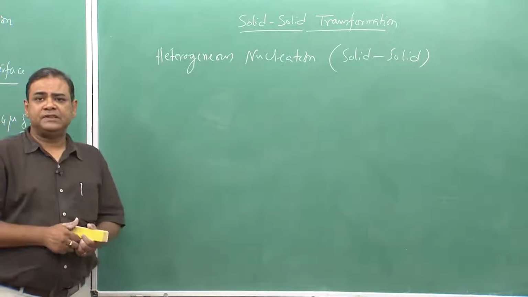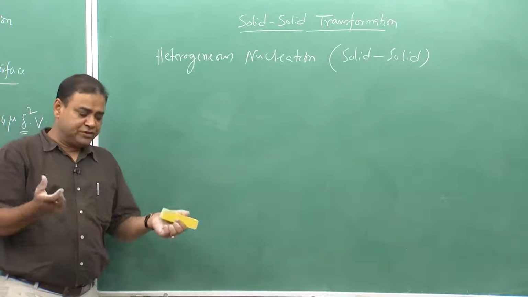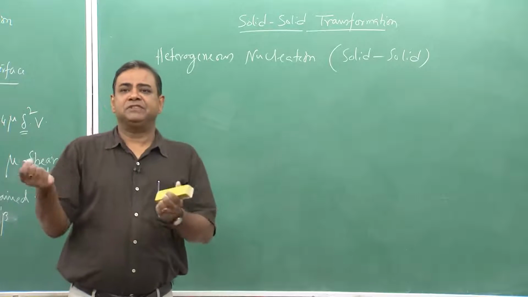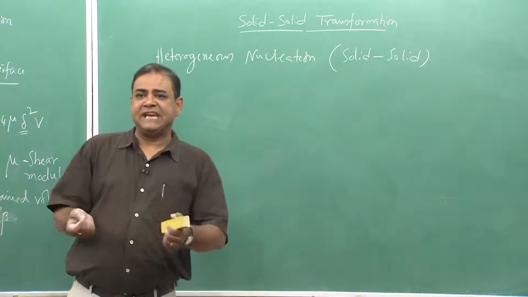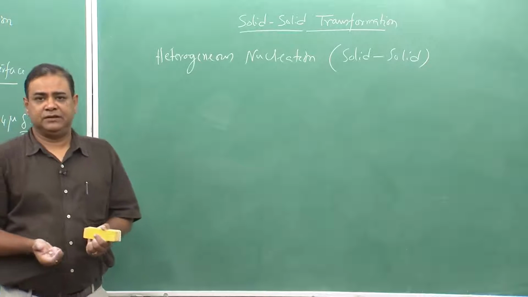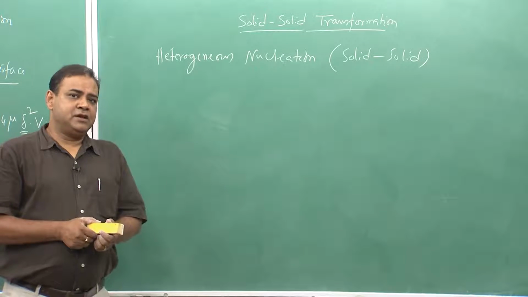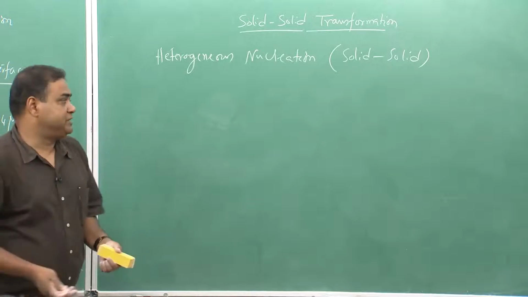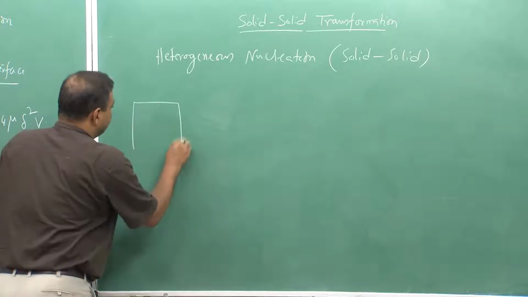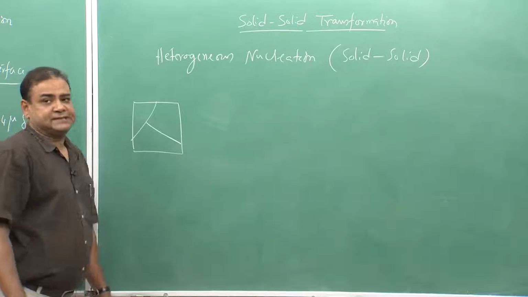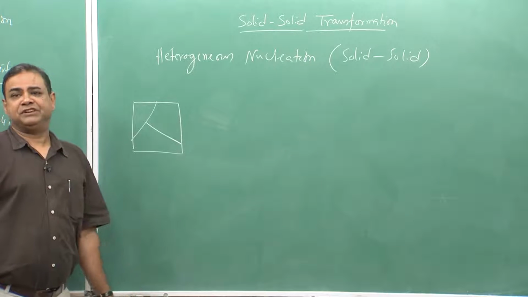For example, there could be oxide particles. During solidification, it can entrap inclusions in the form of oxides, which can stay inside the solid. That can act as a heterogeneous nucleating site. For example, there could be grain boundaries. In a polycrystalline material, one grain boundary can act as a heterogeneous nucleating site.